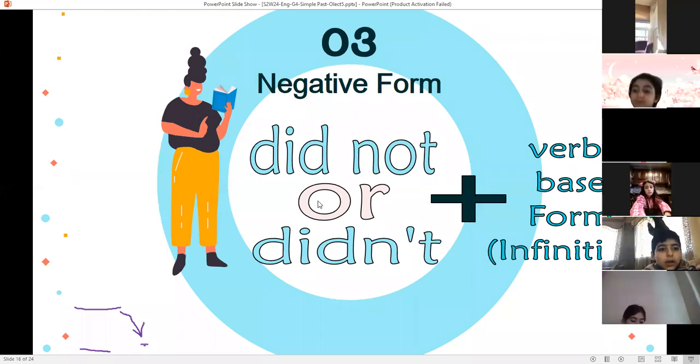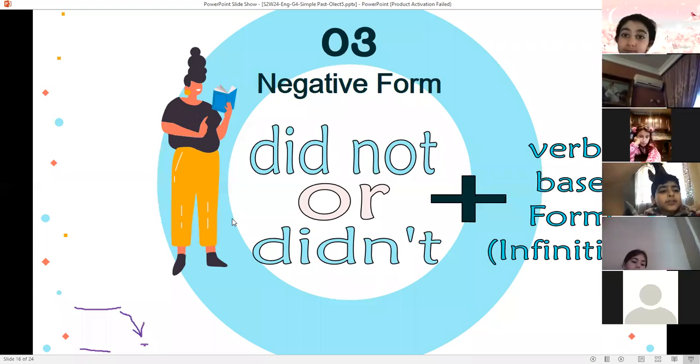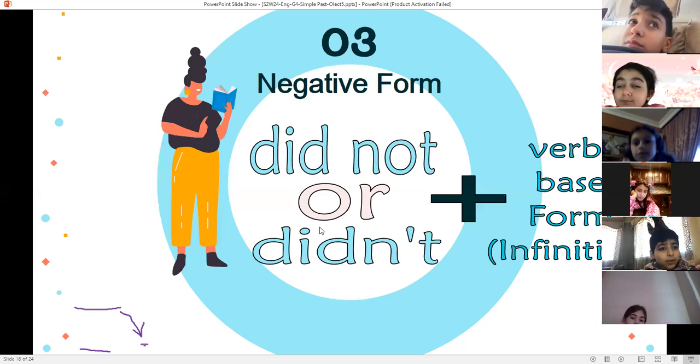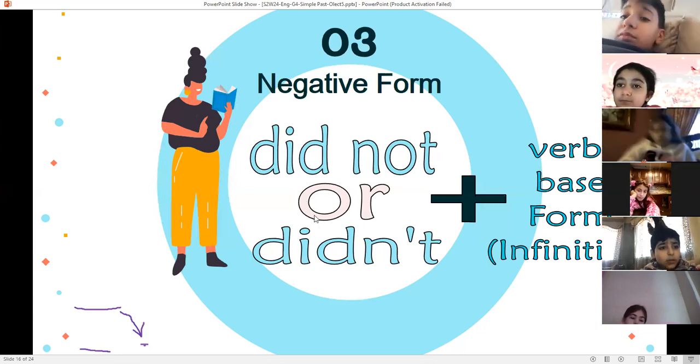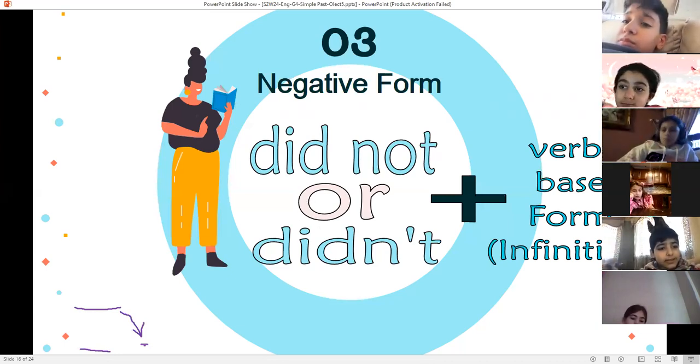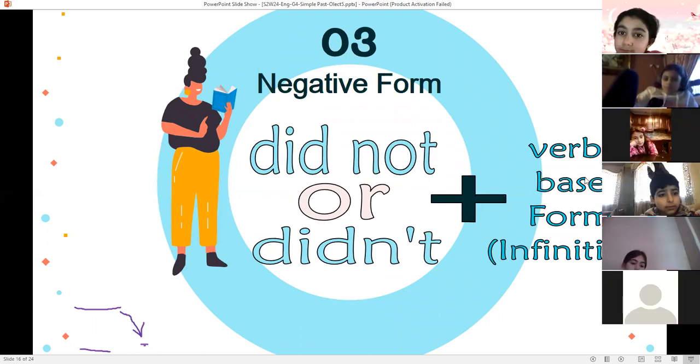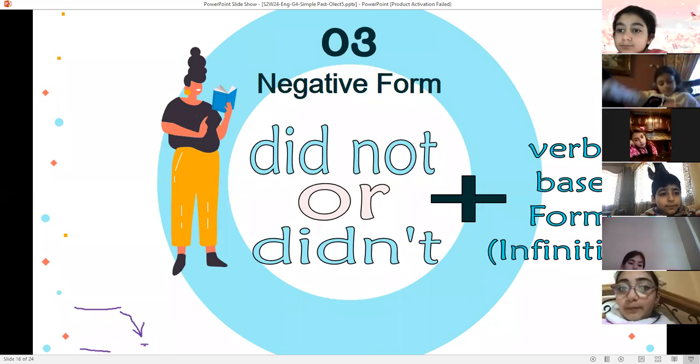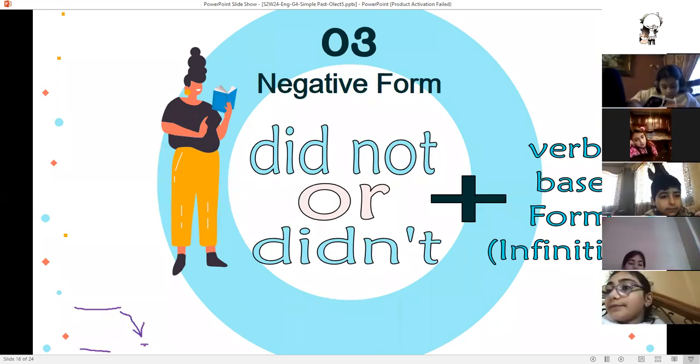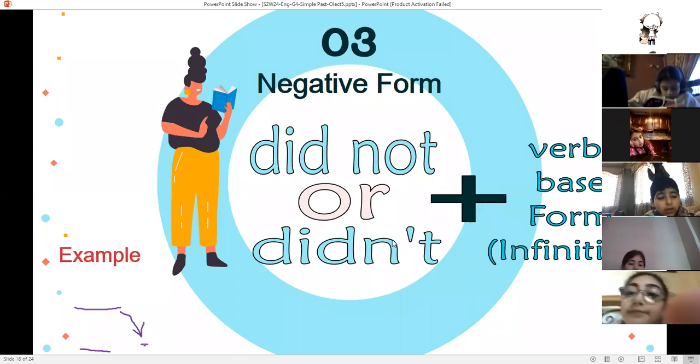So rather than saying I did not went, when there's did not, we don't put the past, we put the present, we say the base form. Because the present of go can be goes, can be also going. So we say the base form, like the root word.